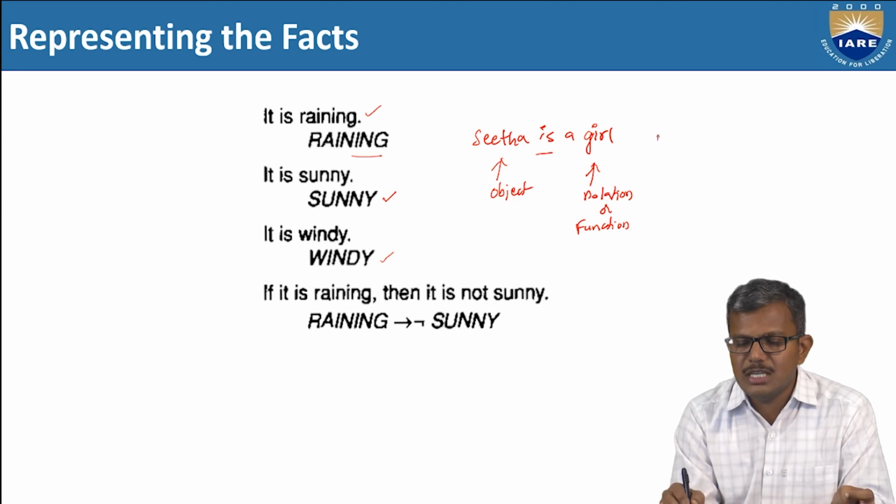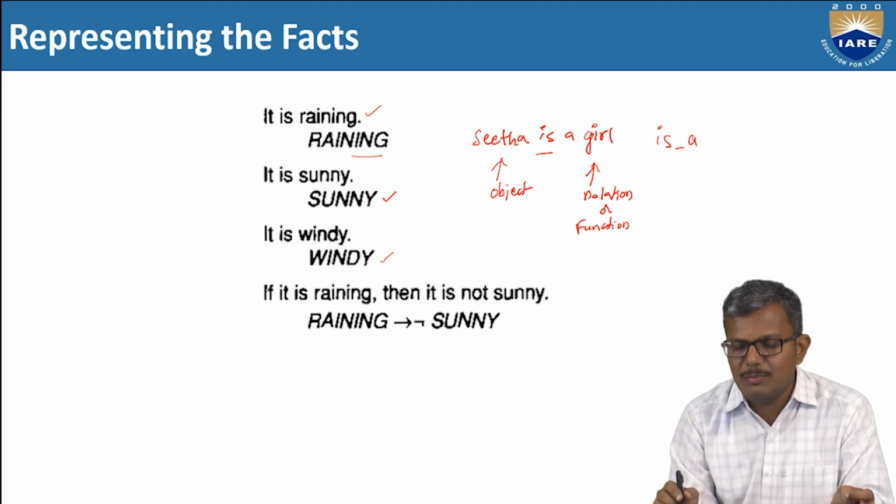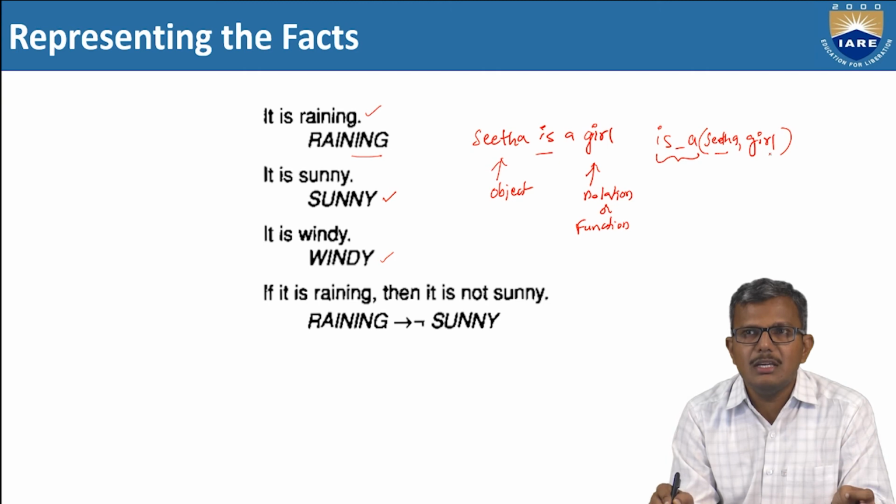Generally, we use a particular word called is a. Here, is a is going to work as a relation for us. I can mention it like this: Sita, comma, girl. How you are predicating, you see, Sita is a girl.